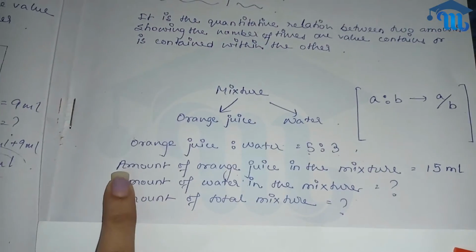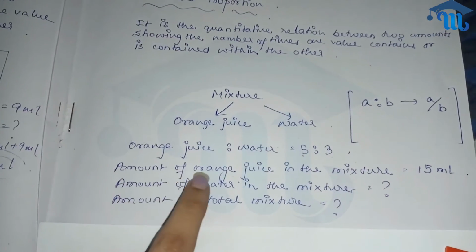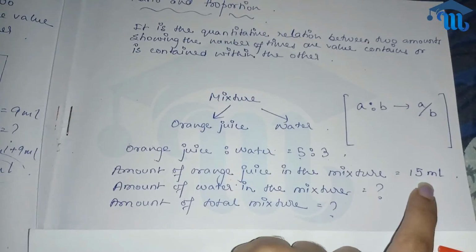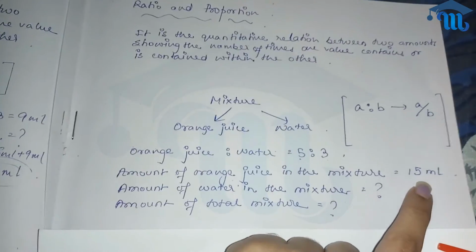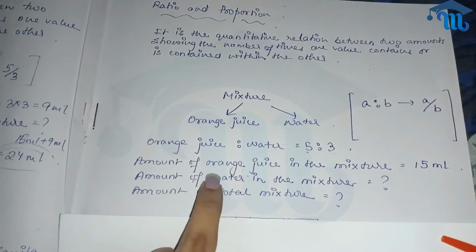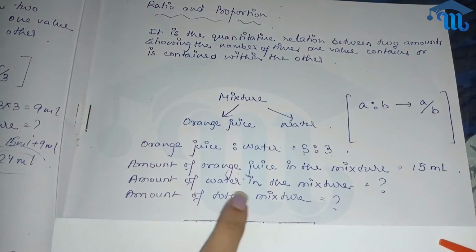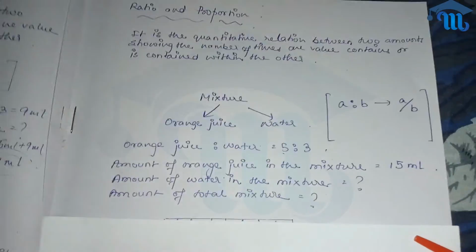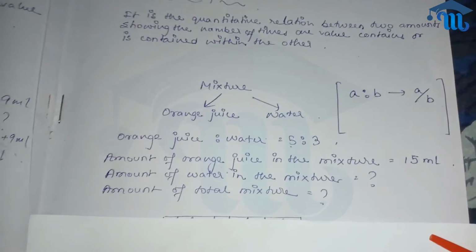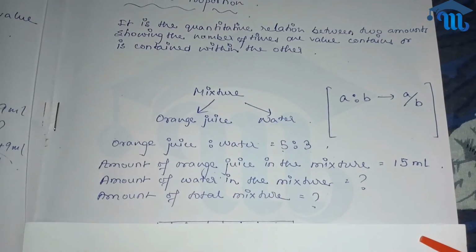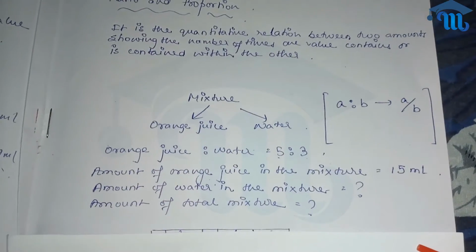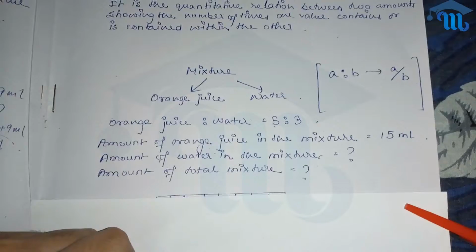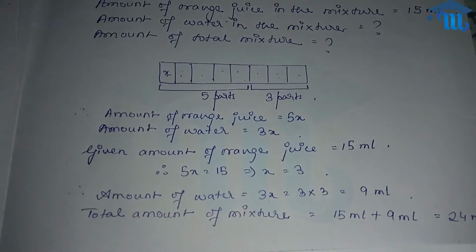Suppose one of them is given to you, like the amount of orange juice in the mixture is 15 ml. Now you have to find the amount of water in the mixture and the amount of the total mixture. This example will clear your concept about ratio and proportion. So let's dive into the solution.